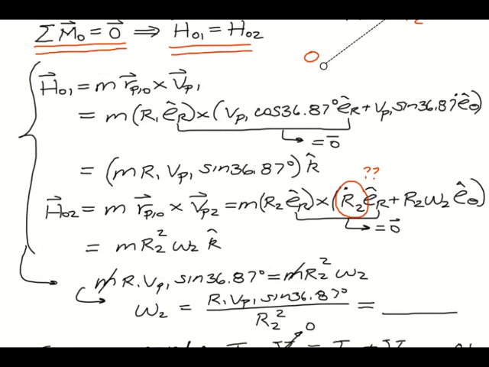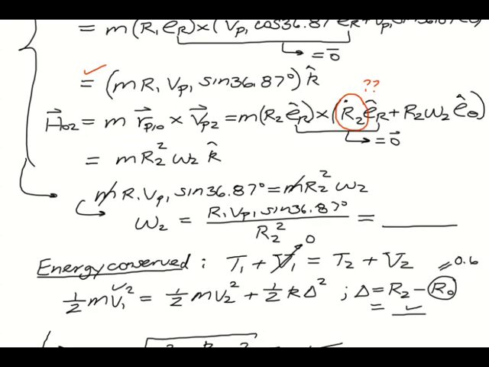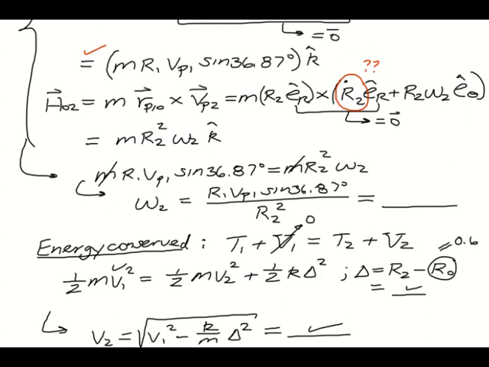We find out what it is at the beginning. We know the initial velocity, we get the radial position vector, and we get this for H1. H2, we don't know, but we write down V in terms of its polar coordinates, cross R cross MV, and we get this. Those two are equal, and that's how we got omega 2.